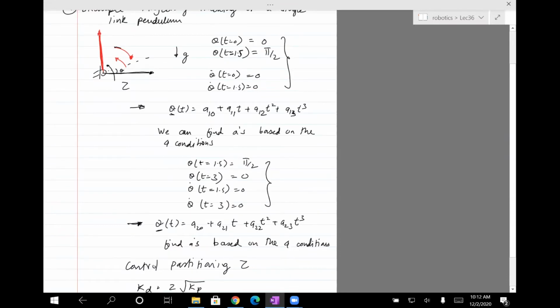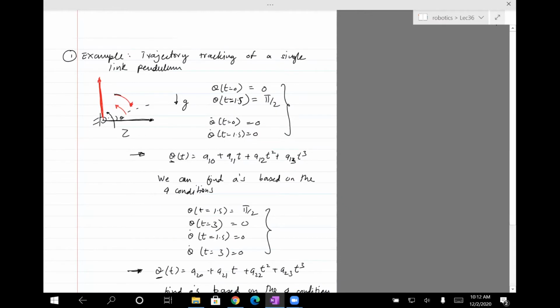I'll show that to you in a bit, but let me show you the second example. I'll just formulate the problem and then I'll show both these examples together. The second one would be a double link pendulum.